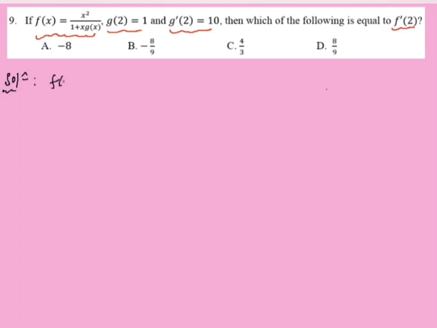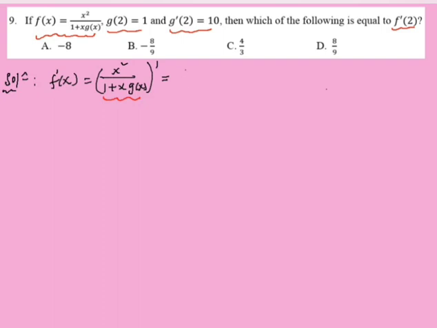F of x derivative means the derivative of x squared over 1 plus x times g of x. This derivative can be obtained by using the quotient rule.